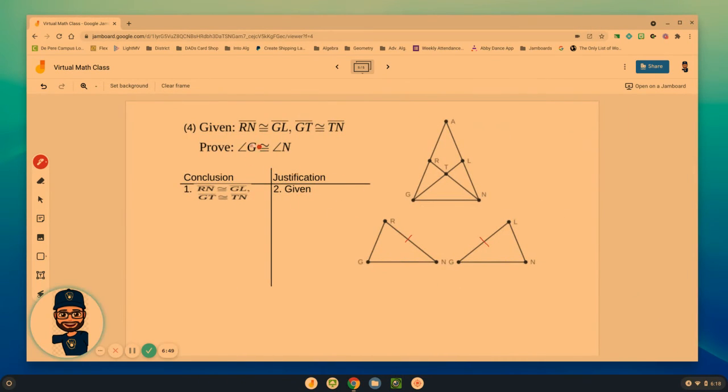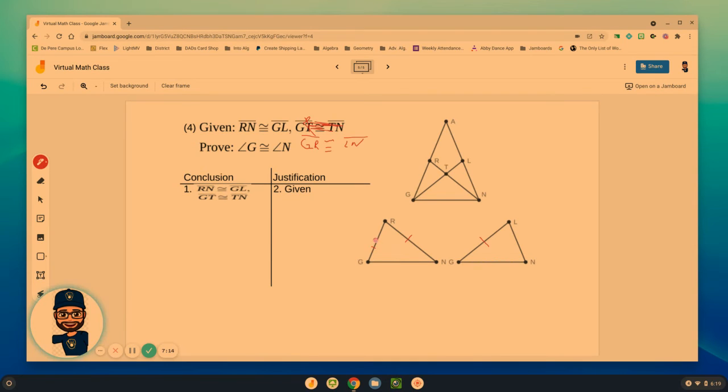I am going to change this right here. We're going to say that GR is congruent to LN. GR should be congruent to LN.